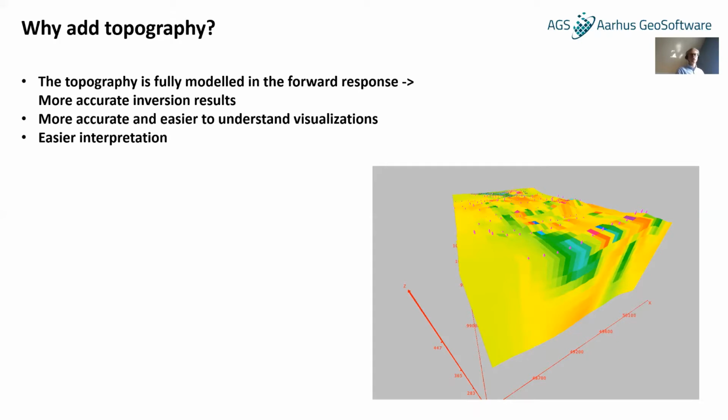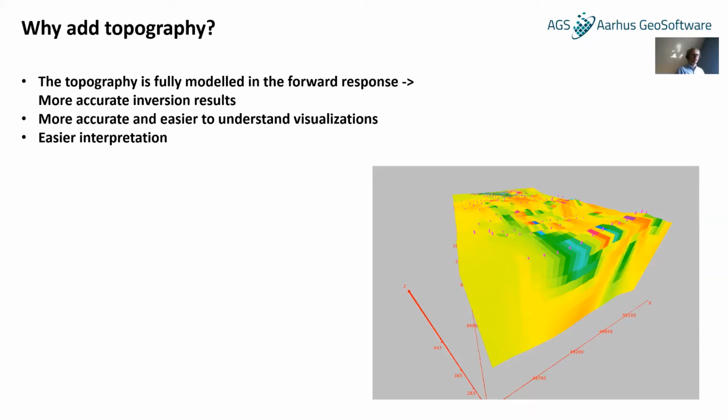So the current will simply flow differently in the ground when there's topography compared to a completely flat surface. And this is modeled in the forward calculations in the inversion, which simply means that you are giving the program more correct information when you add the topography to your data set, and therefore you will get more accurate inversion results.